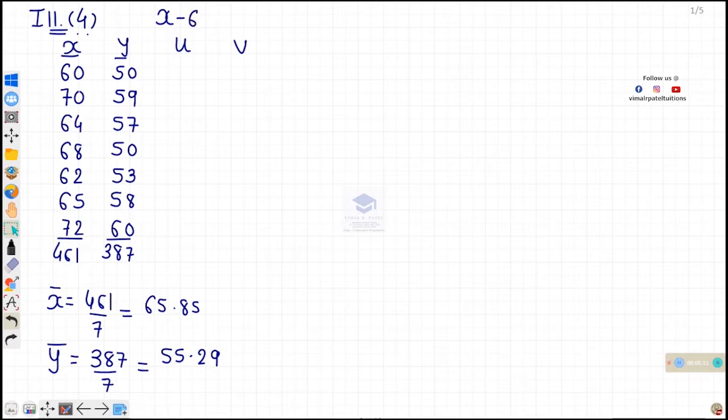You can subtract 64 or 66 as well. No problem. But generally the nearest value will be taken. So that is called assumed mean or shortcut method. And from each value of y we will subtract 55.